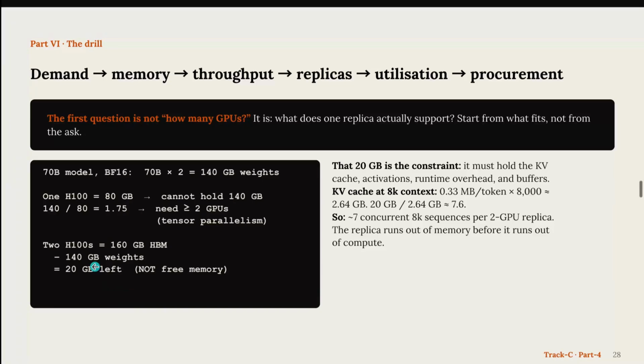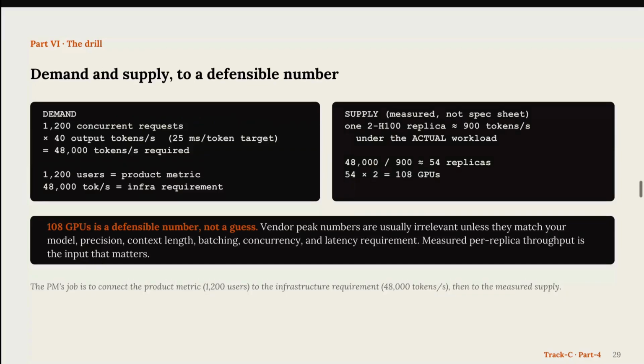And if you were trying to generate 8,000 tokens at 7 concurrent 8,000 token sequences for a 2 GPU replica, the replica would run out of memory before it runs out of compute, because we are exceeding the total size, which is 160 GB. And hence we could ask for additional compute or memory. How?